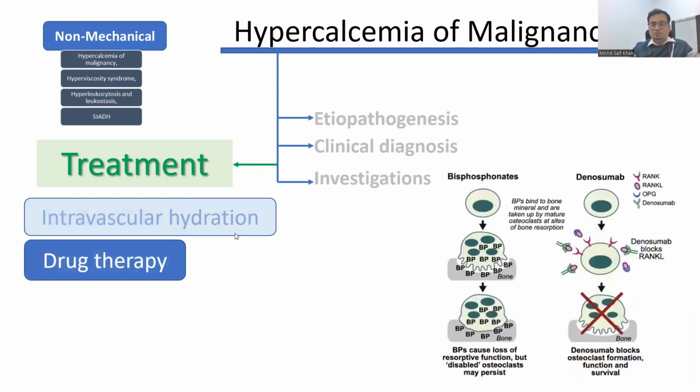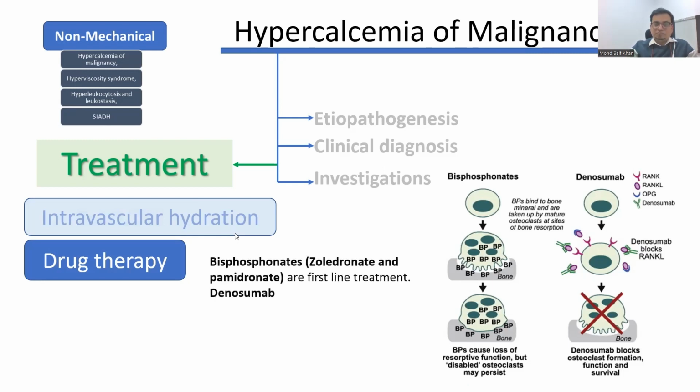Now coming to drug therapy. You need to remember that bisphosphonates are first line drugs. You can give IV and oral both, but IV is preferred. IV, we have zoledronate and pamidronate, so these two drugs can be used.